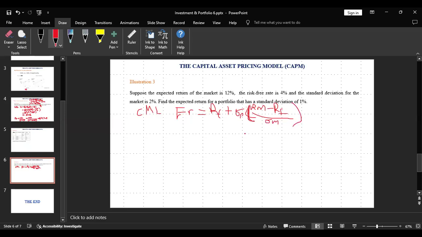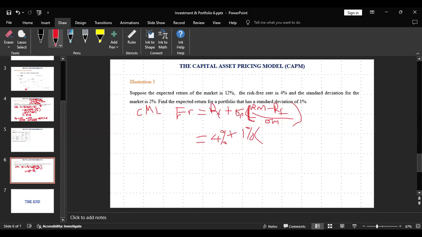Okay, so let's insert the information. We have risk-free, and in the question, risk-free is 4%, plus standard deviation of portfolio is 1%. We open our bracket.